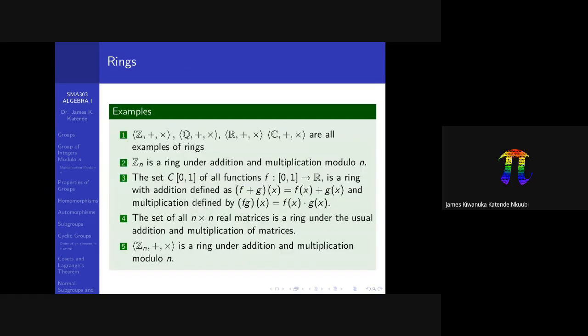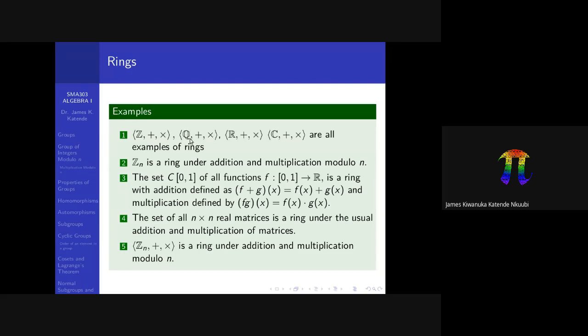So let's go back again here. The ring of integers is not a division ring because the non-zero integers don't form a group under multiplication. The rationals, if you consider the non-zero rational numbers under multiplication, they will form a group.